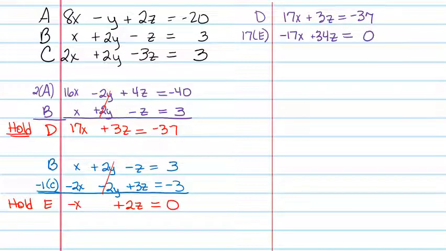Okay, so then I do that, and what's going to happen here, I'm going to get my first answer. When I do this elimination, that eliminates, I'm going to get 37z is equal to negative 37. And so dividing by 37, I'm going to get z is negative 1.